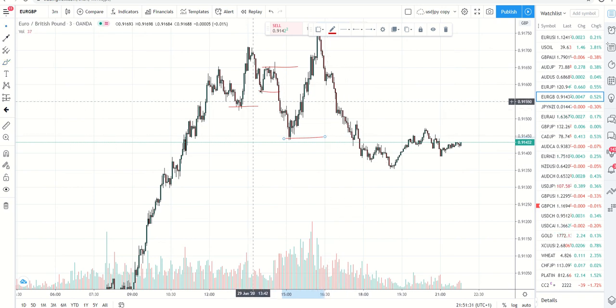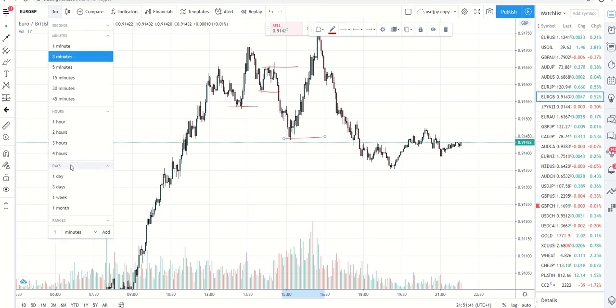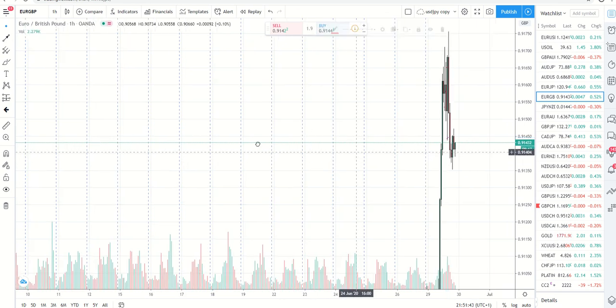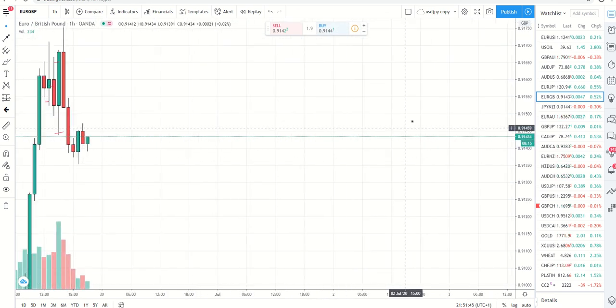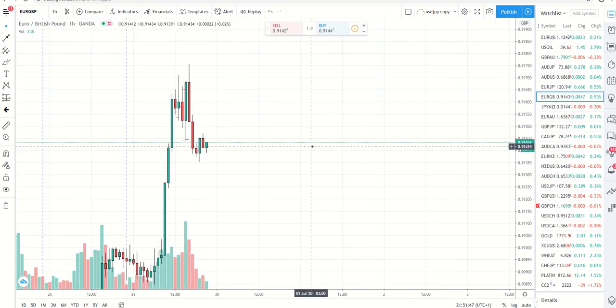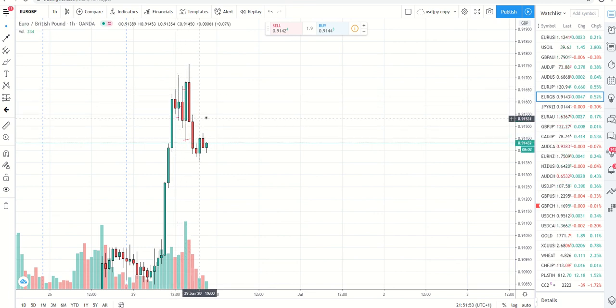Okay, so here we've got support, resistance, support. Now, is this really a support that anyone cares about? Well, we need to go up to the higher time frame and see how that looks. Are they actual support resistance? And we can see actually these aren't really support and resistance.